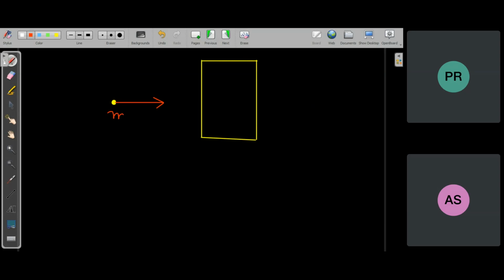Now here work is done only during that interval in which they are in contact, right? Because when they lose contact, then there is no force, then there is no work done. So the work is done only during that period of time, that delta t, in which they are in contact. And when they are in contact, according to Newton's third law, they exert equal force. So there is no matter of bigger or smaller, because they exert equal force on each other.